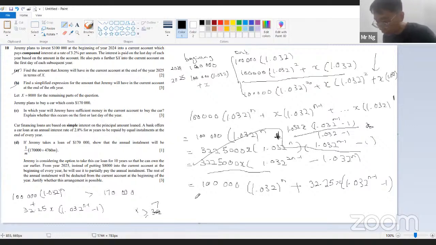So assuming that it is on the month 7, right? On the end of year 7, you have this amount. Okay, let's see, before this interest rate, what's the original amount at the start of the year?